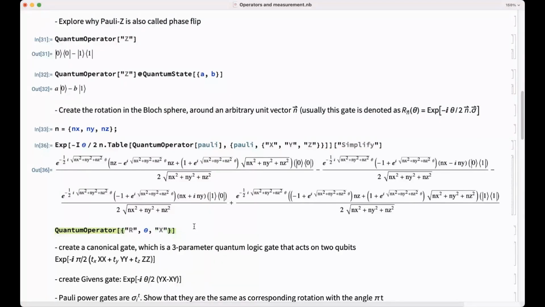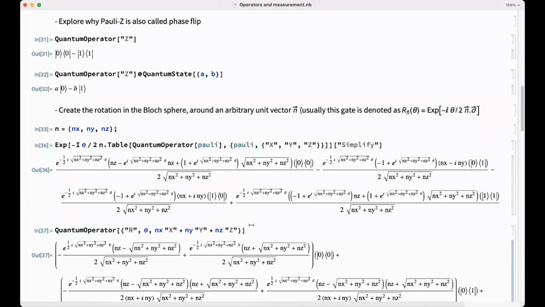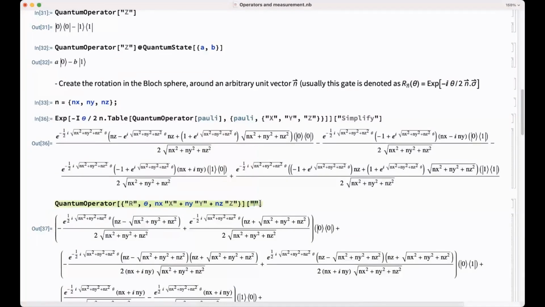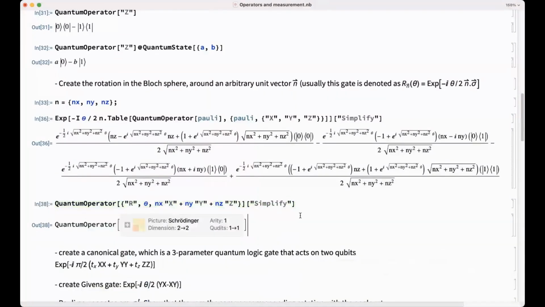Just add them up, for example all of them, and in front of each one there is a coupling nx, ny, and nz. Something like this. Is it the same thing? Yeah. Let's check. Looks like it.